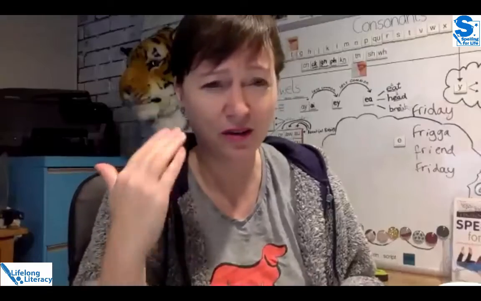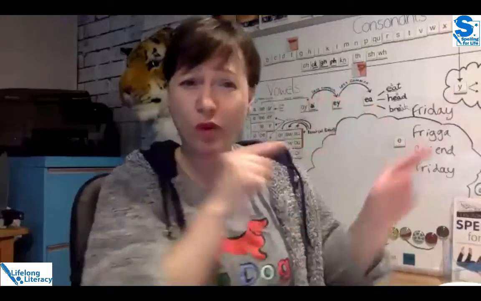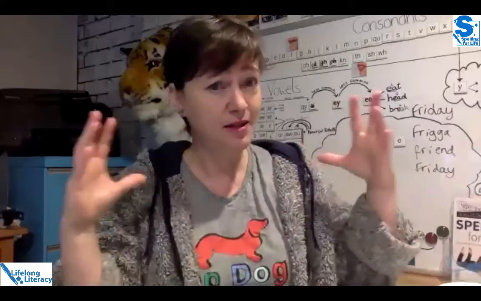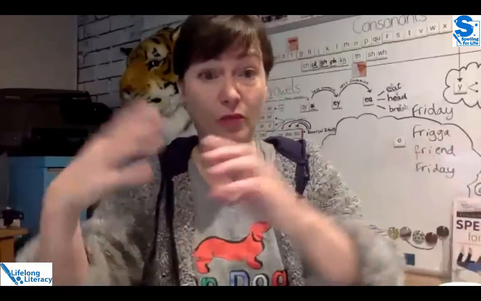Imogen is going to produce an animated gallery of people doing their Spelling for Life lessons. People have already been sending me some outstanding pictures of them writing their words with their dogs sometimes. I've seen some amazing pictures, and what I want to do is put it all together in a gallery with a bit of background music, and then put that on the website and on social media to encourage other children to come and join us from around the world.